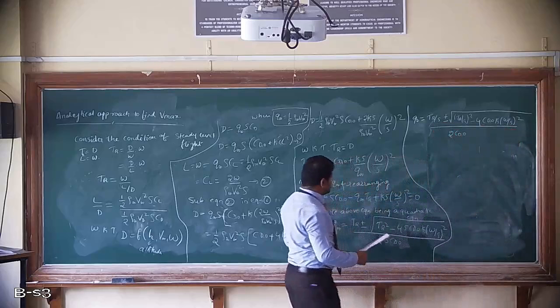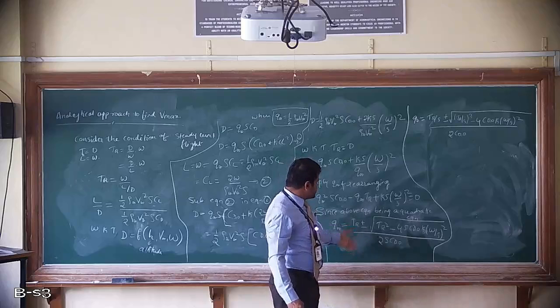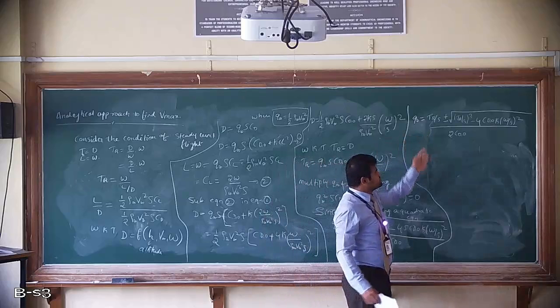We are just dividing this equation everywhere by S. By dividing numerator and denominator by S, we are getting this equation.